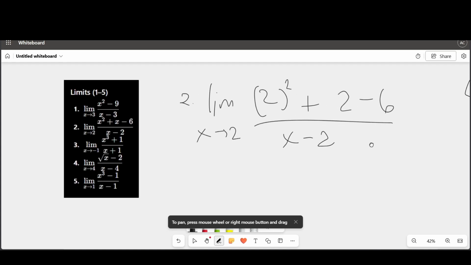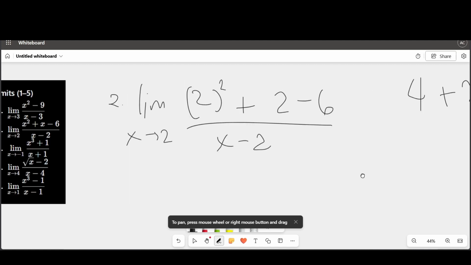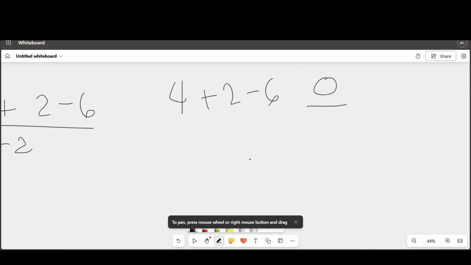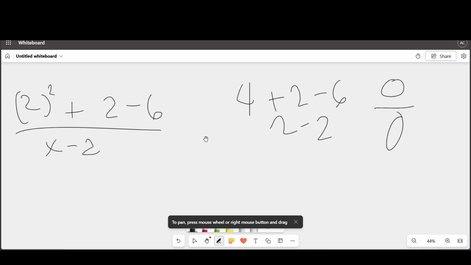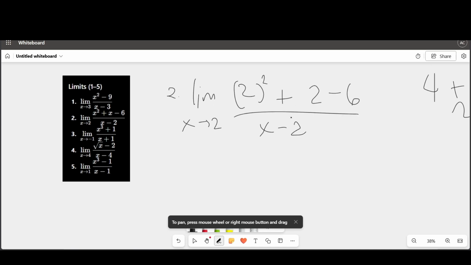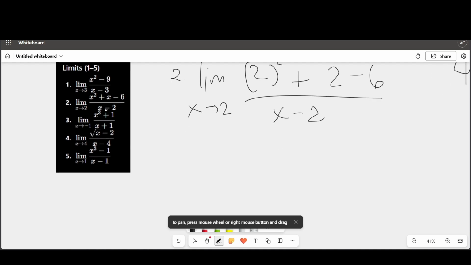Then the denominator: 2 minus 2 is 0. So we're going to have to factor this again. This is going to be a little bit more difficult, but what values multiply to negative 6?